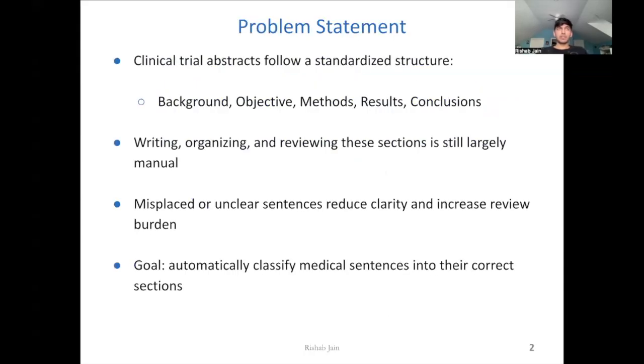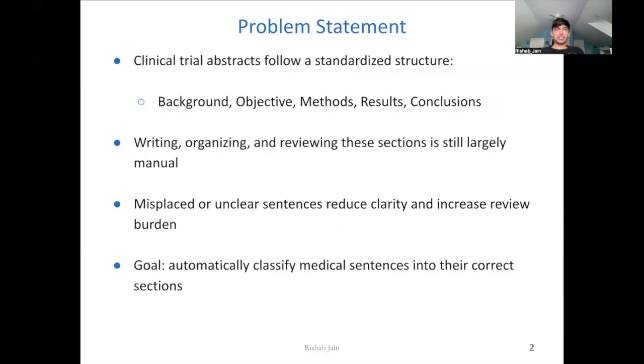So clinical trial abstracts follow a standardized structure, which includes a background section, objective section, method section, results section, and a conclusion section.